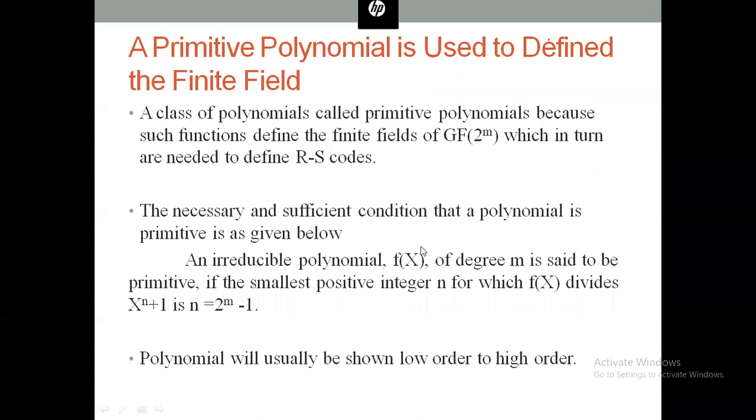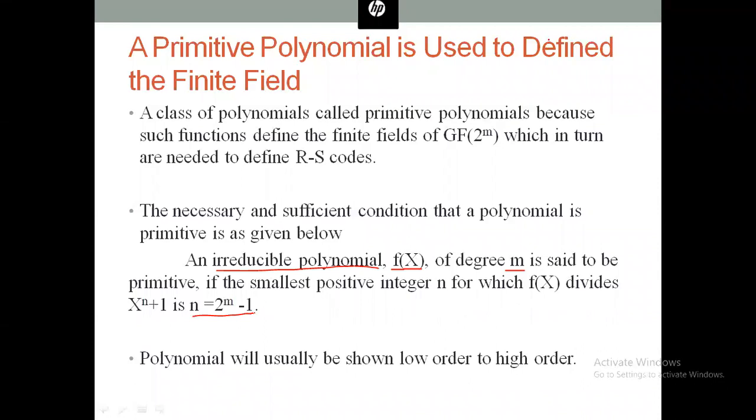In cyclic codes, we learned that f of x is a primitive polynomial, and a primitive polynomial is an irreducible polynomial f of x of degree m, in such a way that n is equal to 2^m minus 1.